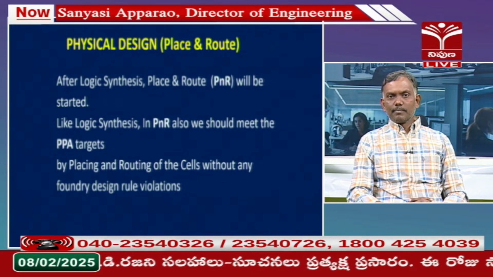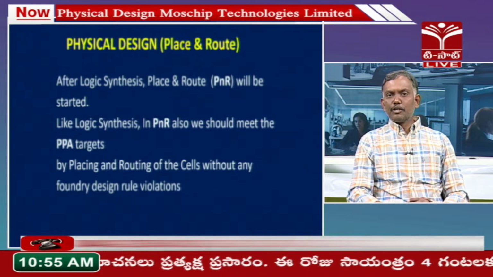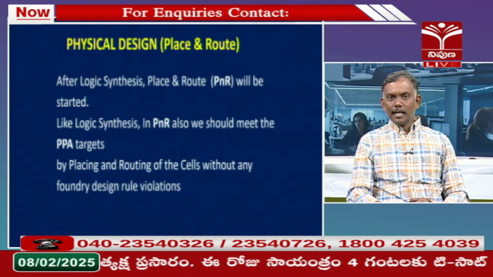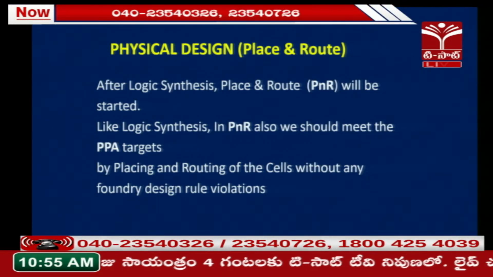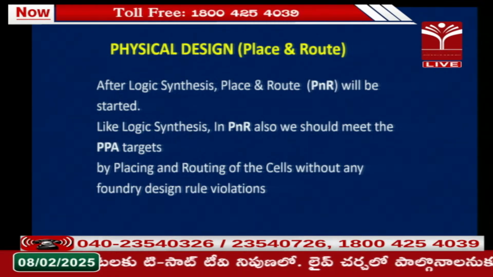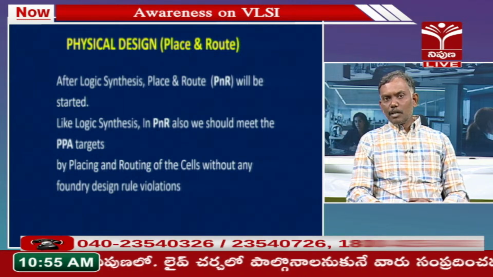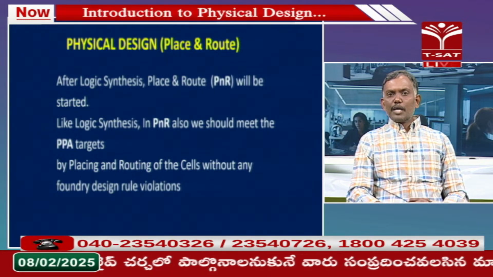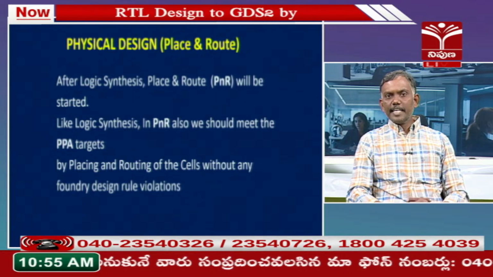Physical design, place and route. We call it place and route, and I'll let you know why. After synthesis, the gate level netlist that you get as the output of synthesis is the input to your physical design. In your logic synthesis, we are talking about parameters like cell delay and power for the gates.